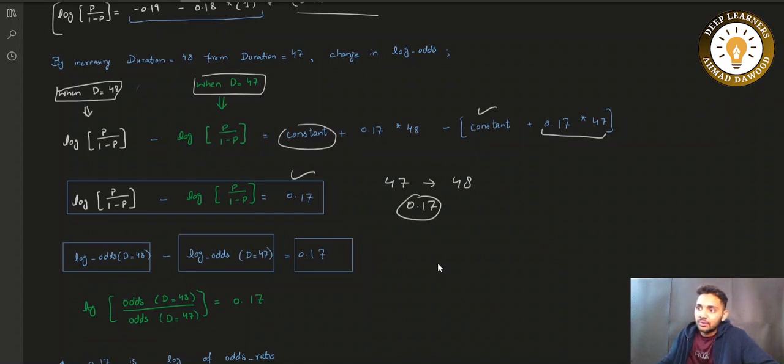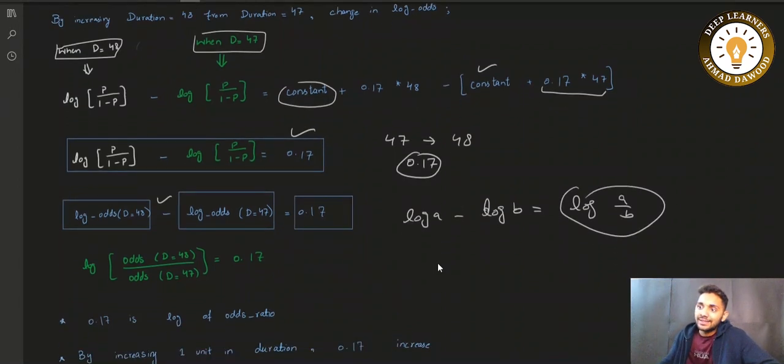Okay, now if you write this log of odds, this is actually the difference, and you know the property of the log: log a minus log b is equal to log of a by b. If you write it this way, it is the log of odds by odds, the log of odds ratio.